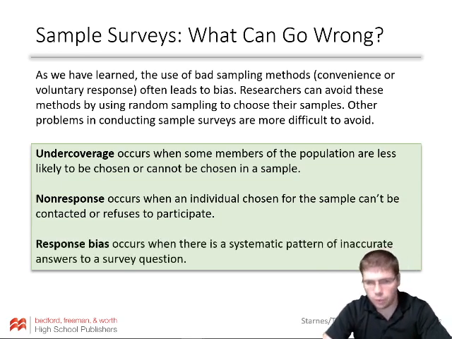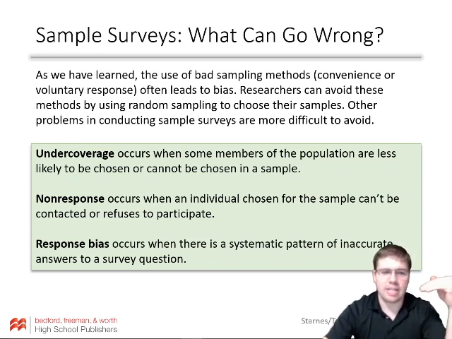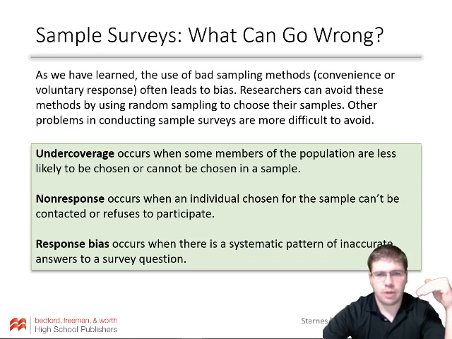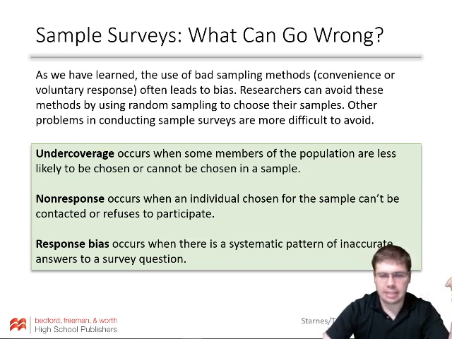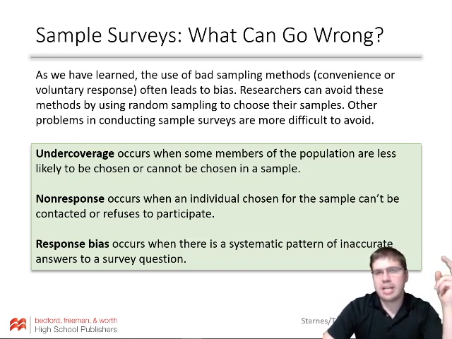And then another one you can look at is response bias. This can occur whenever people respond and their answers aren't accurate to a survey question. There are a number of things that can lead to this. Maybe people feel uncomfortable about what you're asking, and so they don't quite tell the truth.